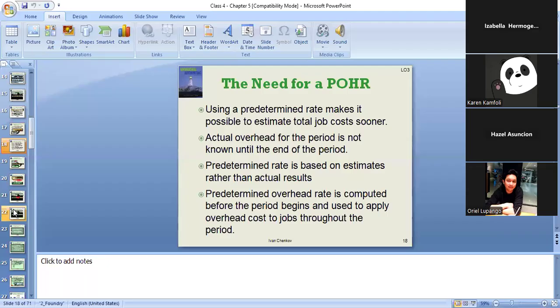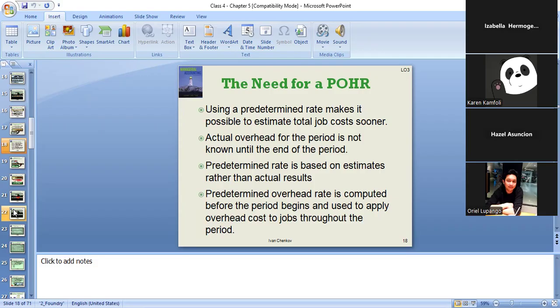Once we do that, why do we need that predetermined overhead? Because once we're using it, it's possible now to estimate the total cost for every job.